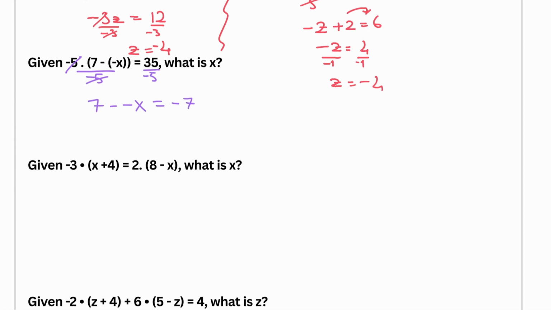Because 35 divided by negative 5 is negative 7. Remember that negative times negative is a positive. We can just rewrite it as 7 plus x equals negative 7. Send the 7 to the other side. It'll become a negative 7. Rid of this. X equals negative 14.